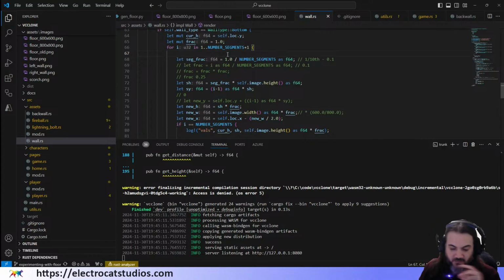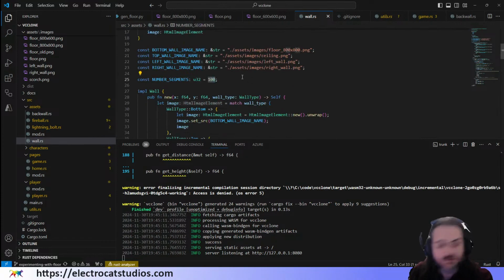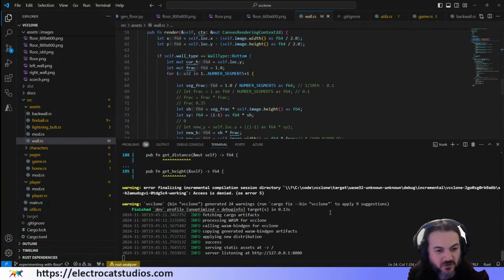So 0.1, but the width would need to be 100% for that. Let's simplify this by making the number of segments 10. I just think that's an easier number to deal with when drawing, so let's draw 100 of them.